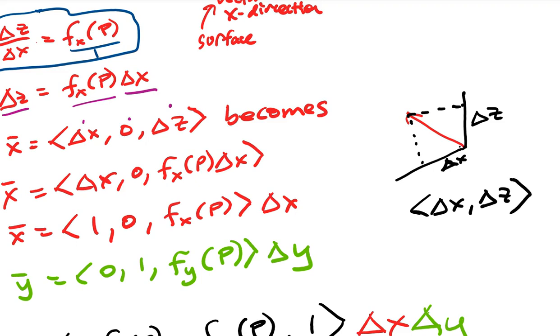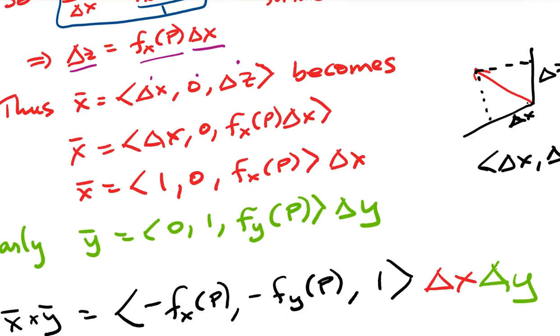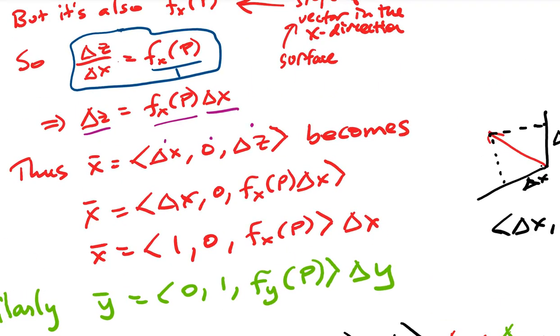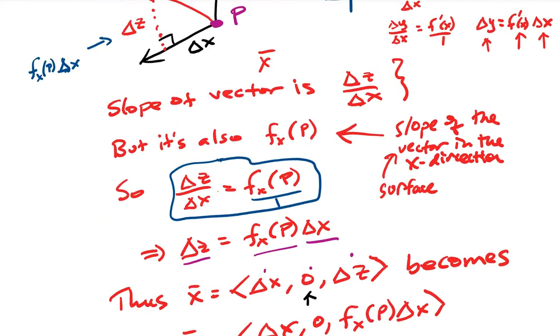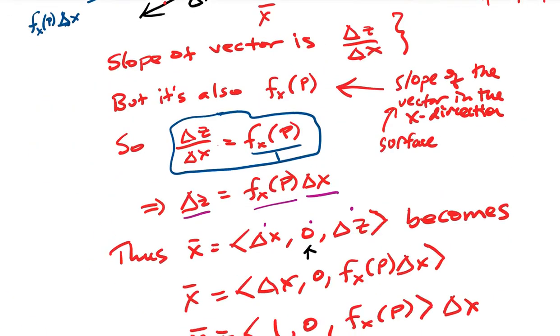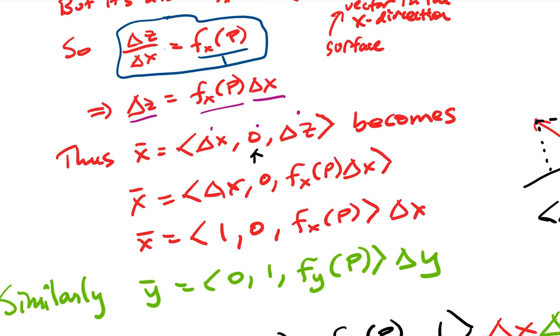All right, but it's in 3 space, so there's a y here, which is 0. It's in the strict x direction, not the y direction. So here's my vector that represents x bar. But delta z, we saw that was this.